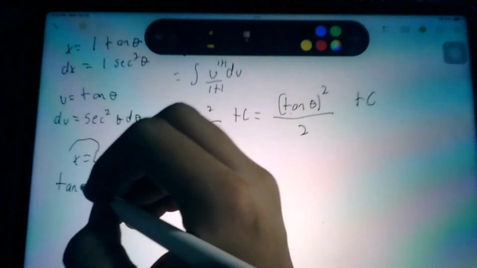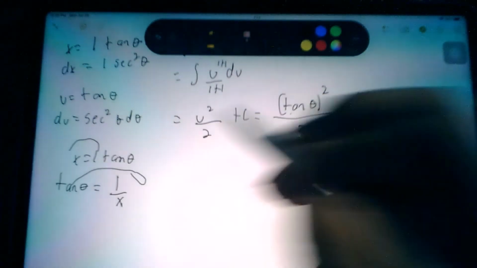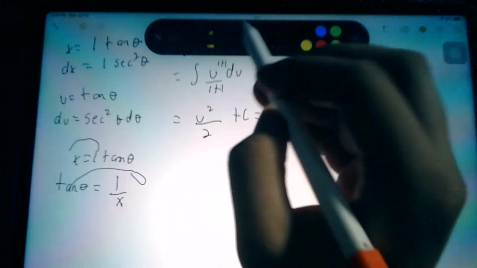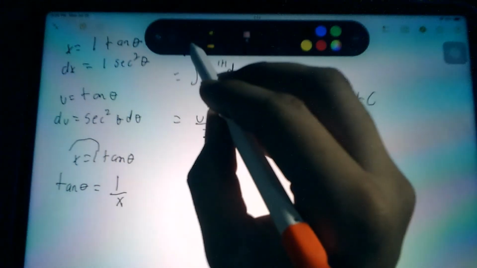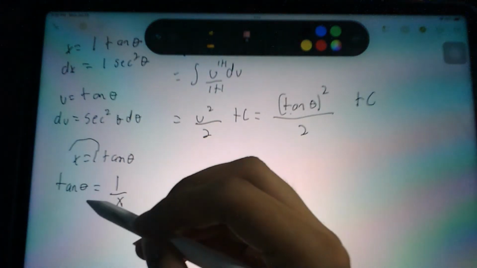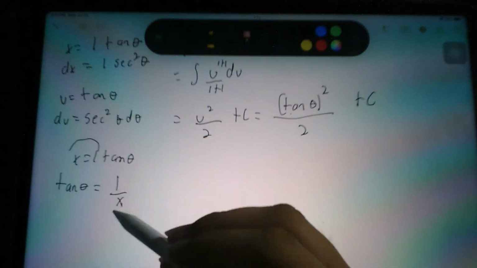I think this is the final answer, because tangent of theta is equal to 1 over x.